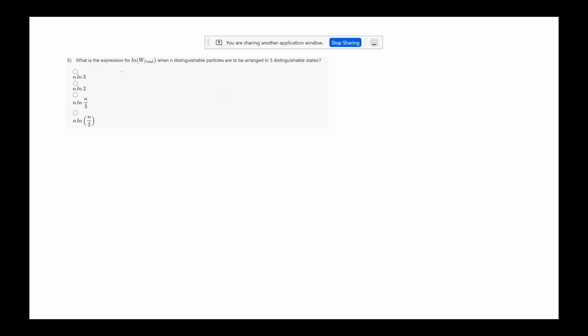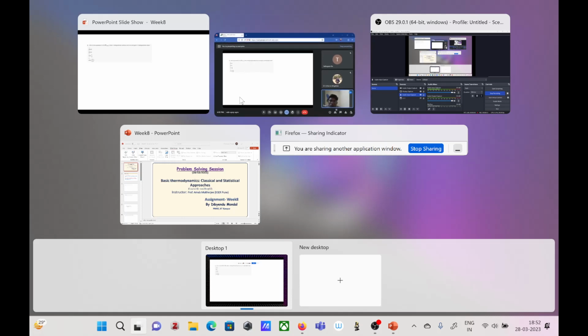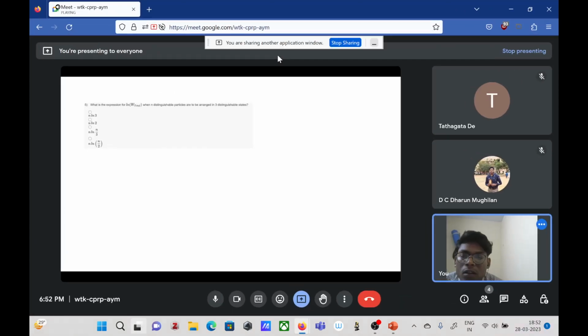Question says, what is the expression for ln of W total, where W total is the number of ways, sometimes called multiplicity, when n distinguishable particles are to be arranged in 3 distinguishable states.